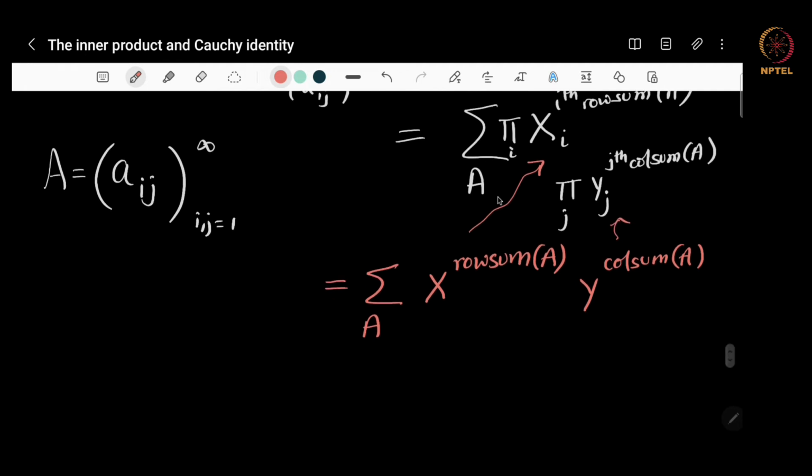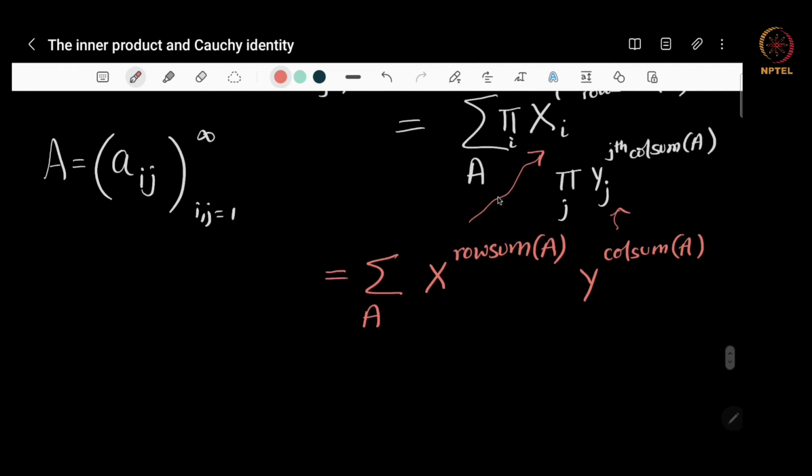Okay, and now we remember what this means. This, if you recall, is just the RSK correspondence in some sense, for non-negative integer matrices. So observe that the aij's are all non-negative integers.